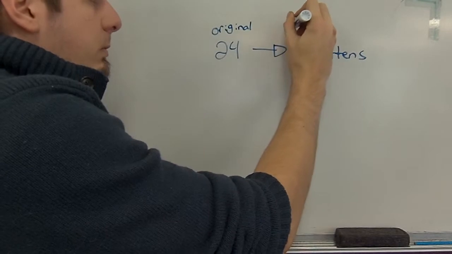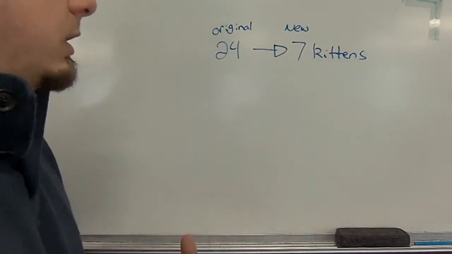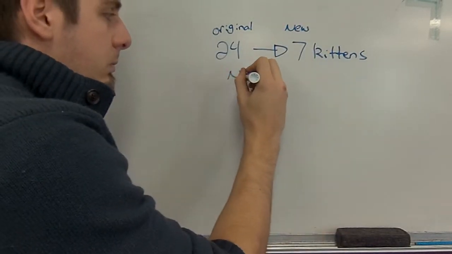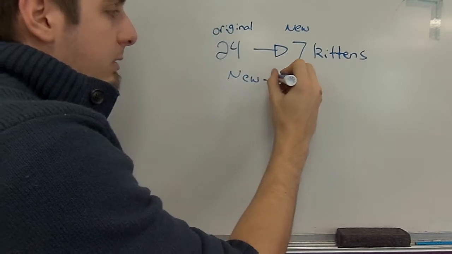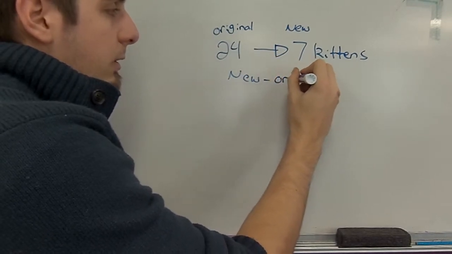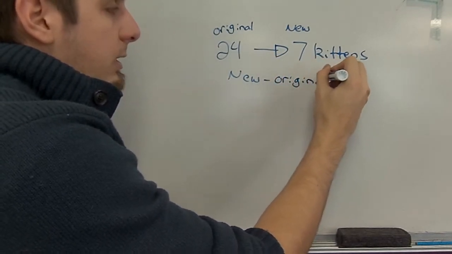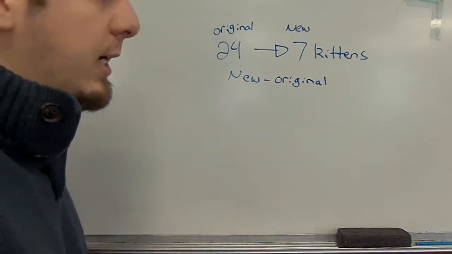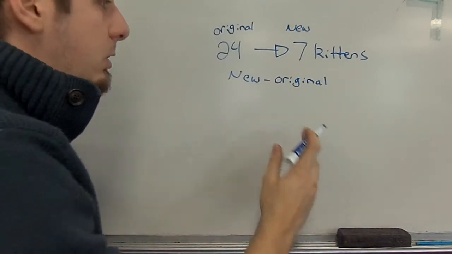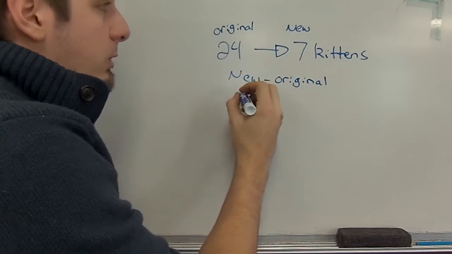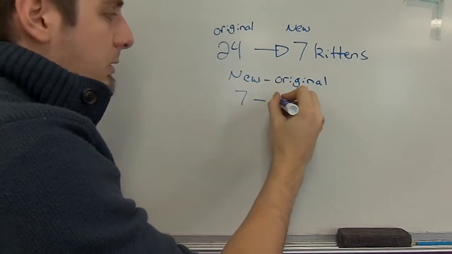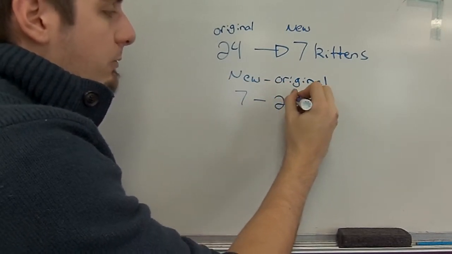Here's the new. So again, we're going to take the new minus the original to figure out what the change is. We want to know how many kittens we gained or lost. So we're going to do the new 7 minus the original, which is 24.